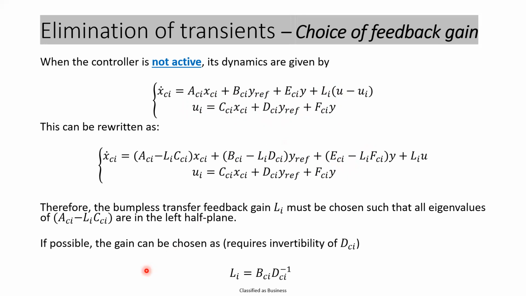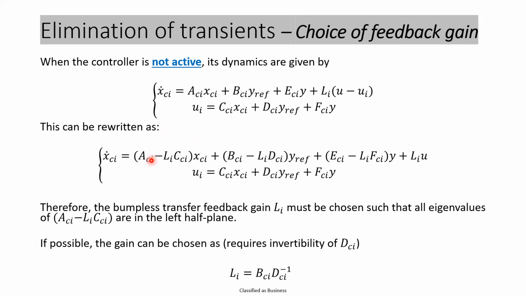It is also recommended, if possible, to select Li from this equation. First of all, as we said, Li should be selected such that the eigenvalues of this matrix, A minus LiCi, are in the left half plane.